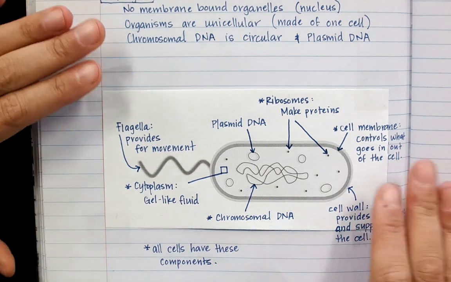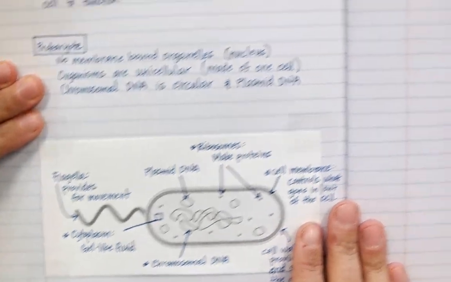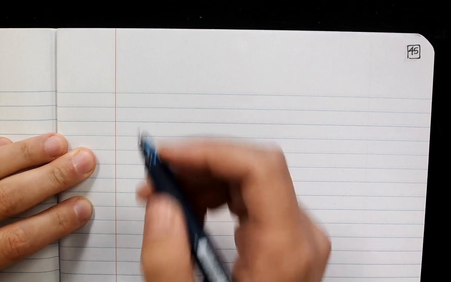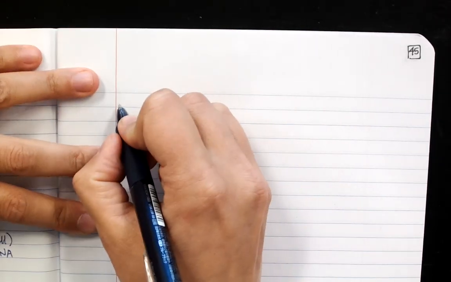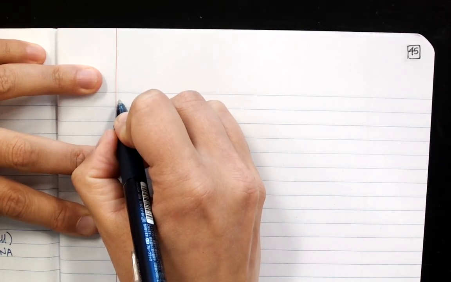All right, to do this next one here, we're going to go on page 45. And this is going to be our eukaryotes. So if it's not a prokaryote, it is a eukaryote. And eukaryote is sort of a weirdly spelled word.